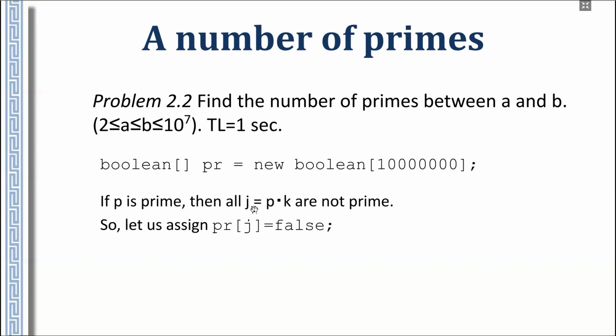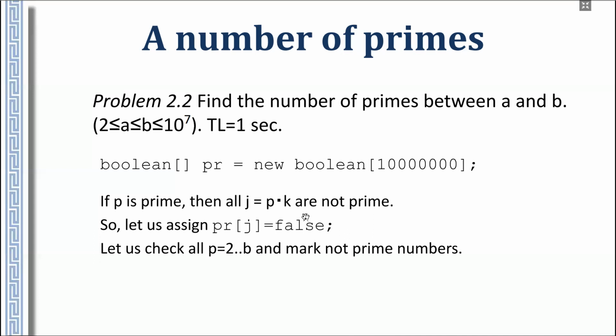So any number J such that J is P times some integer K is not prime. And if we look at any prime number P, we can assign false for all elements with indexes P times some integer K, where K is 2 or bigger. So this is our idea.